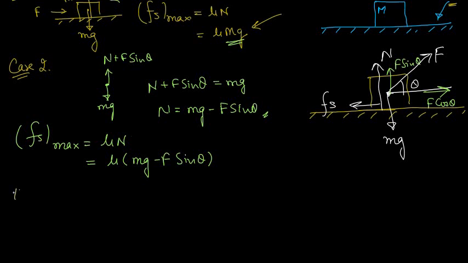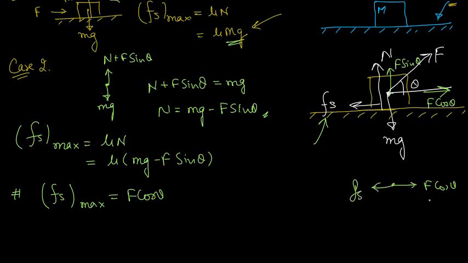Now the block will move if F cos theta is equal to or greater than Fs maximum. See, F cos theta is acting in this direction, and Fs is acting in the opposite direction.